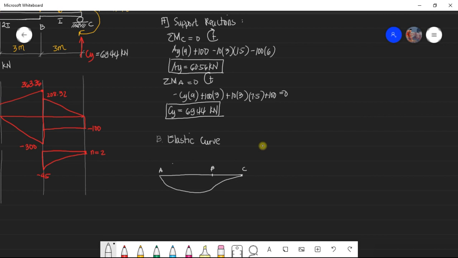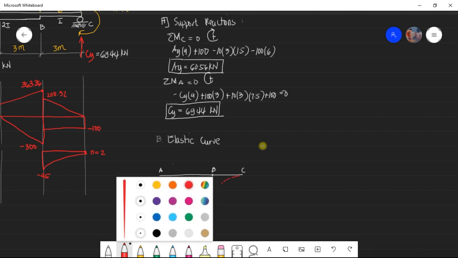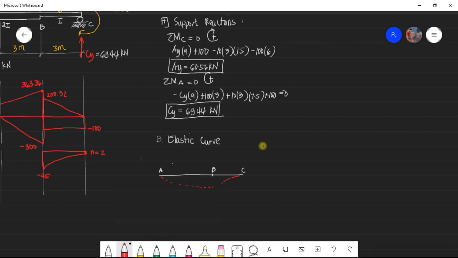So, ano ba yung mga hinahanap natin? Ito yung hinahanap natin. Separate ko na kulay, mas maganda. So, B, pero ganun yung shape niya. So, parang ganyan yung elastic curve natin. I-darken ko lang.